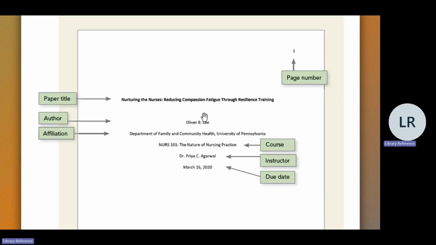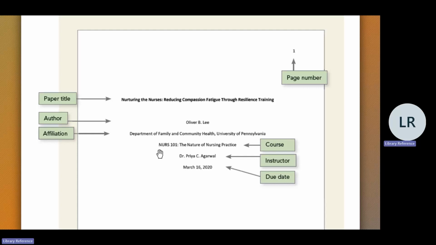Then we have an empty line, the name of the author, which should appear in the following order: first name, in this case Oliver, middle initial, in this case B, last name, in this case Lee. Then we have the affiliation of the author, which comprises the department and the university. In this case, Department of Family and Community Health, University of Pennsylvania.